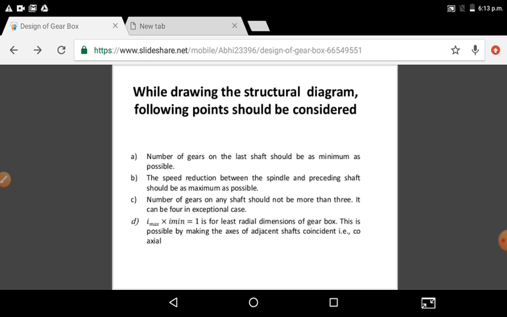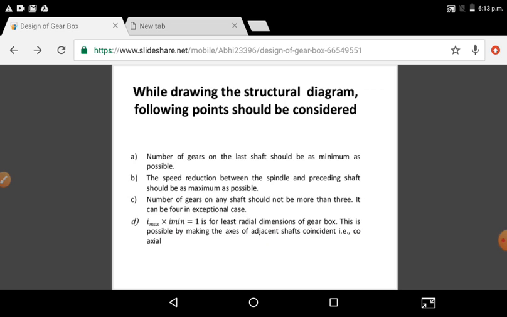So the number of gears on the last shaft should be as minimum as possible. The speed reduction between the spindle and the preceding shaft should be as maximum as possible, right? The number of gears on any shaft should not be more than 3. It can be 4 in exceptional cases, right?